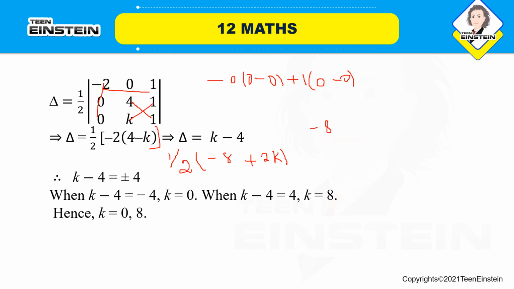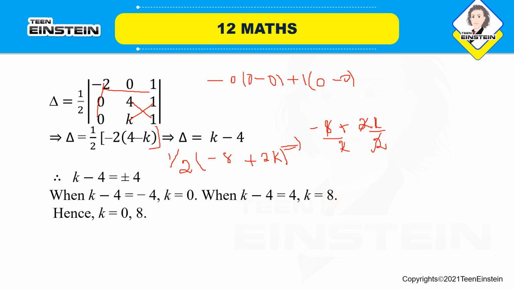So minus 8 by 2, which implies plus k by... so k minus 4. But the area is plus or minus 4, it is given in the problem. So k minus 4 equal to plus or minus 4. Equate the determinant value to plus or minus 4.